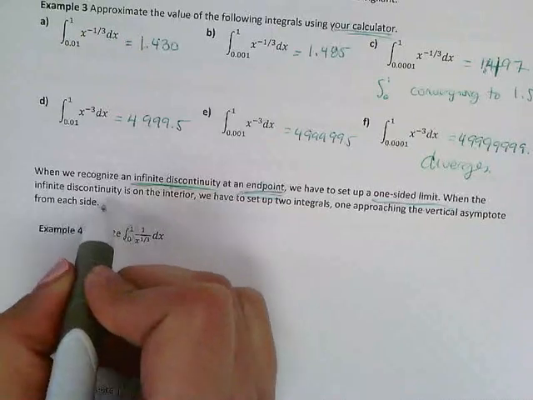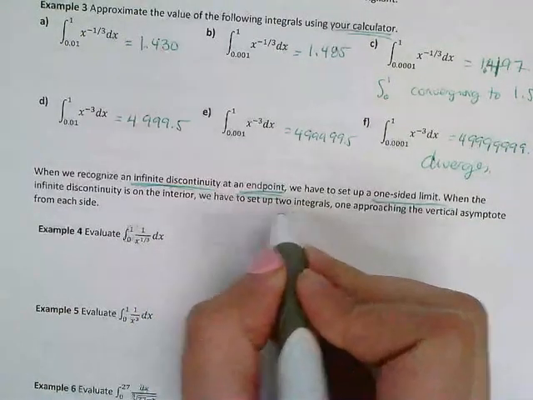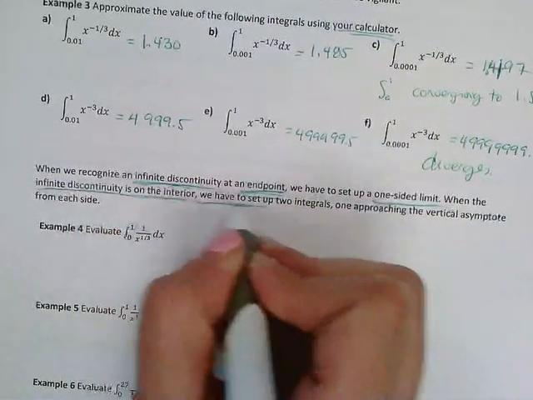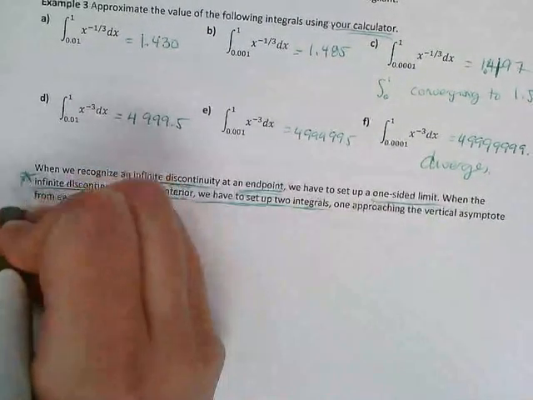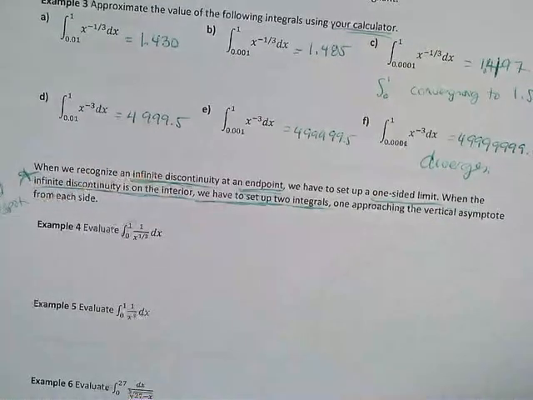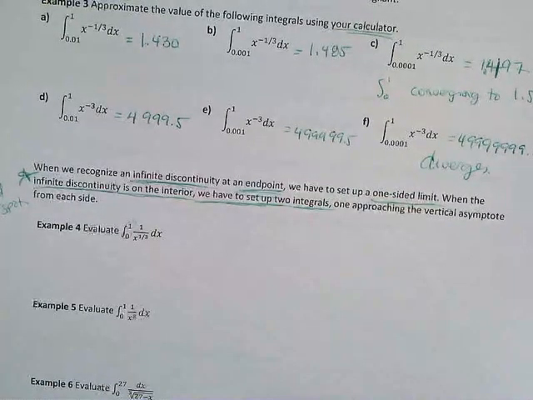When the infinite discontinuity is on the interior, though, we have to set up two integrals. So this is what's hard to spot. One approaching the vertical asymptote from each side.